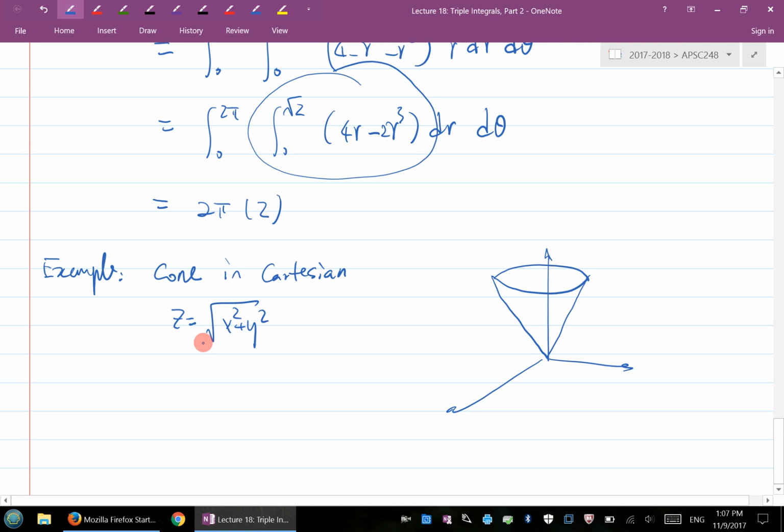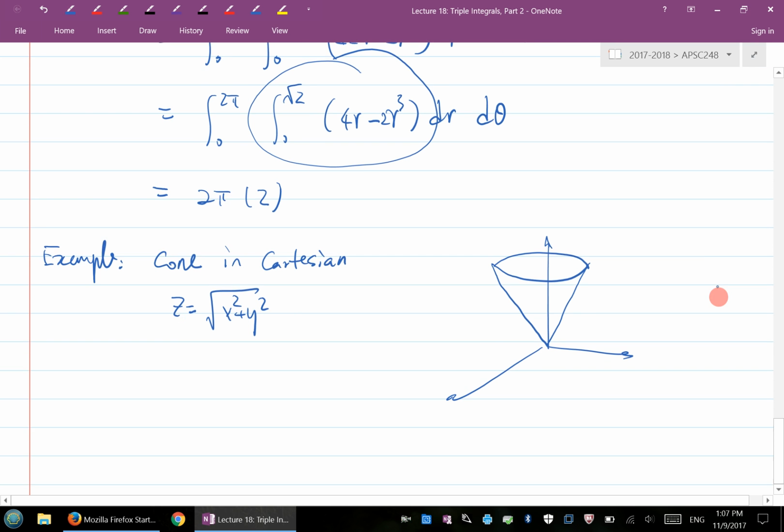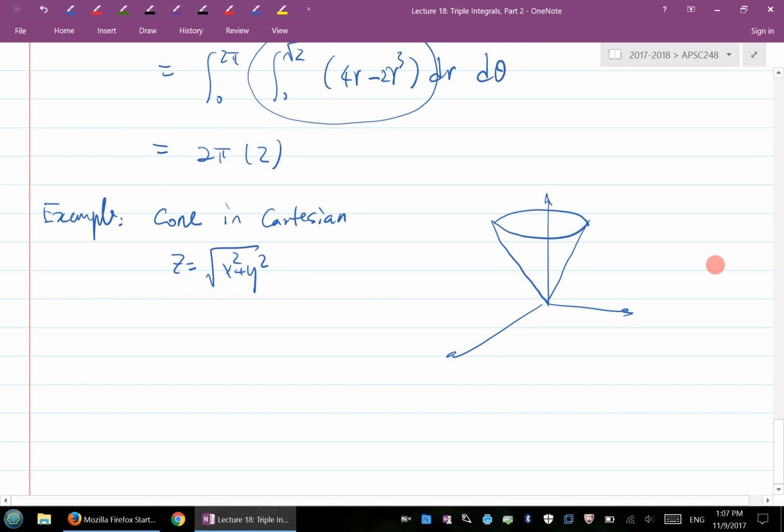But if you see z equal to root x squared plus y squared, this is basically a cone, a shape like this, with the tip of the cone right at the origin. So when x, y equal to 0, you get z equal to 0, right? Okay, so this is a cone. As a matter of fact, when you put a constant in front of the square root, that's a general cone.